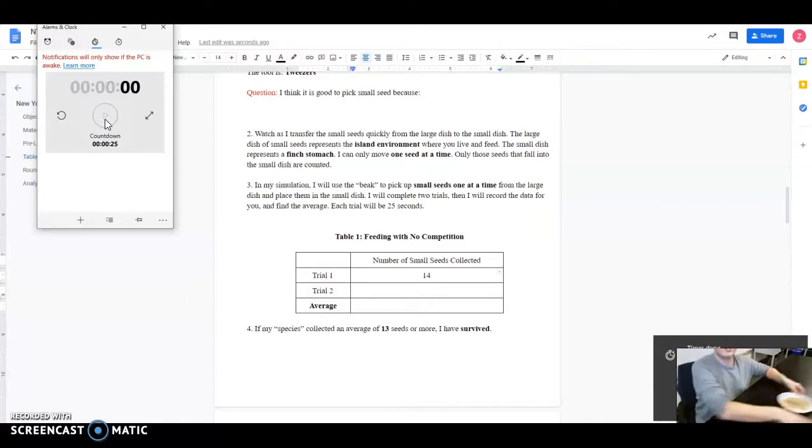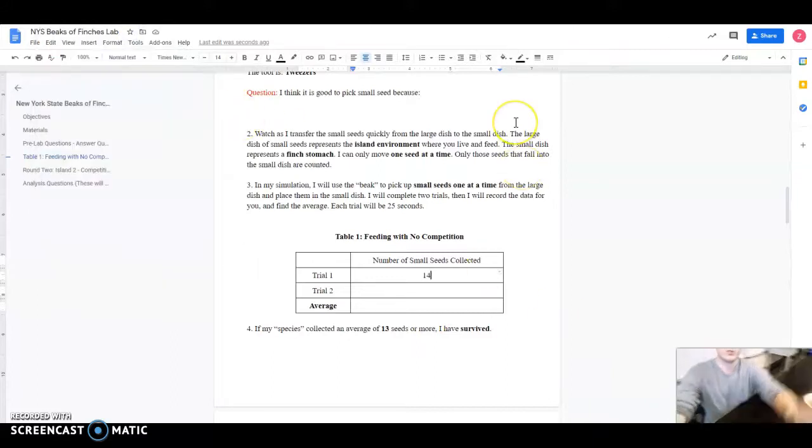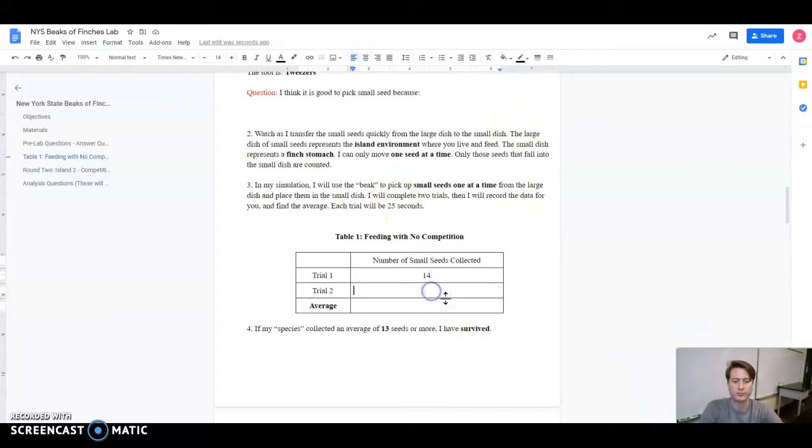Okay, and I counted as I went along, and I got 15. So now I will put 15 in the number of seeds collected.